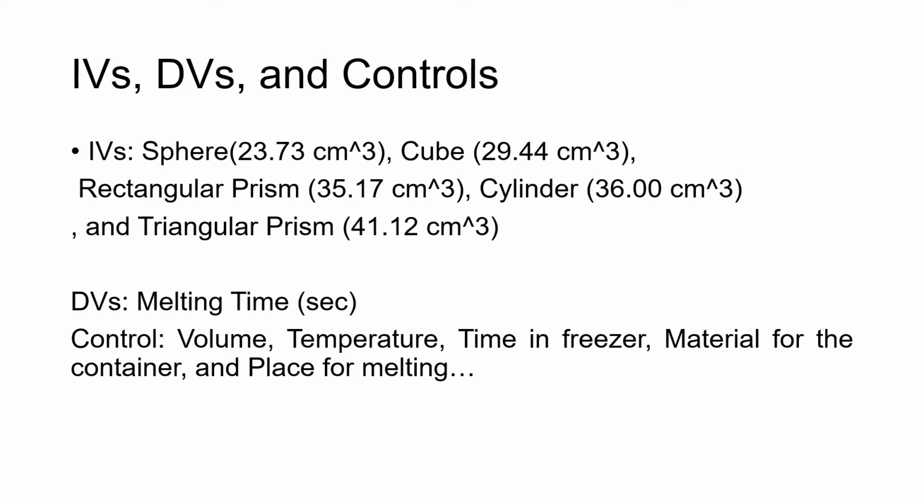For accurate data, the controlled variables will be the volume of ice and temperature in the melting process, the time in the freezer, the material for the container, which is aluminum foil, and the place for melting, which is above the plastic tray.